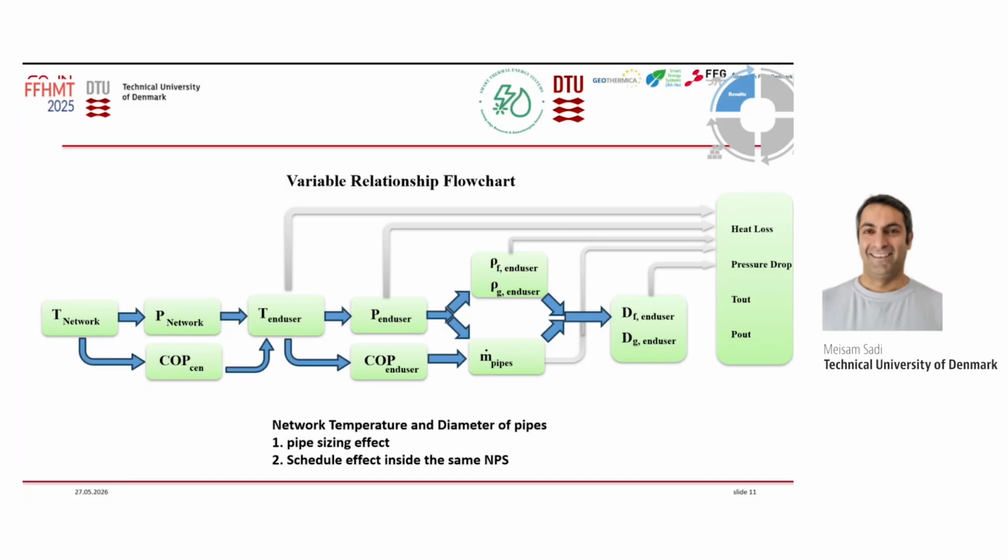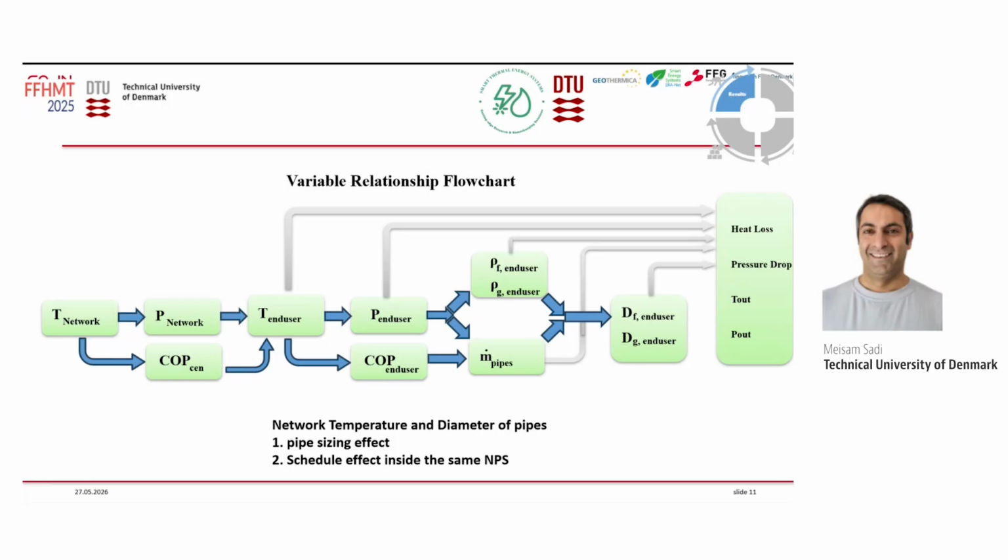We know the temperature of the network directly and indirectly impacts different parts of the system. When the network temperature changes, it can impact the end user temperature or the pressure of the network. It can impact the performance of the central and decentralized heat pumps.